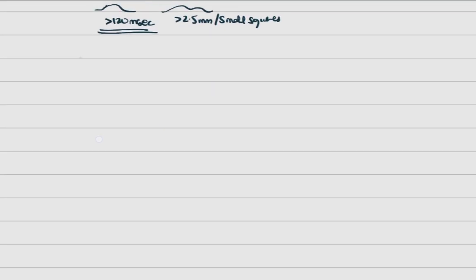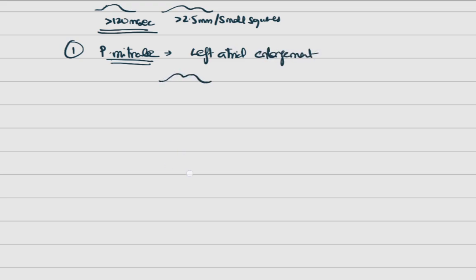So this first and foremost causes the P mitrale. This is due to enlargement of the left atrium. So like this. So when there is a P mitrale, or there are two different spikes in the P wave, this is mostly due to a left atrial hypertrophy or enlargement.